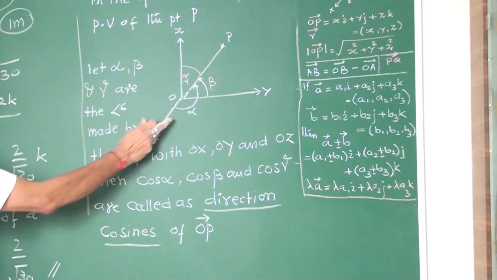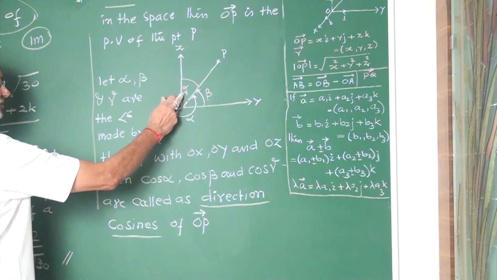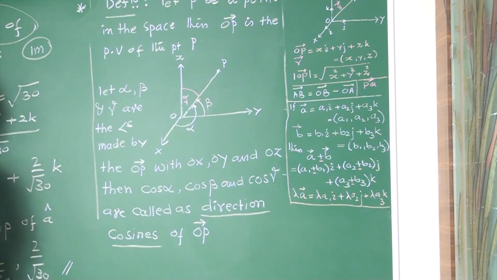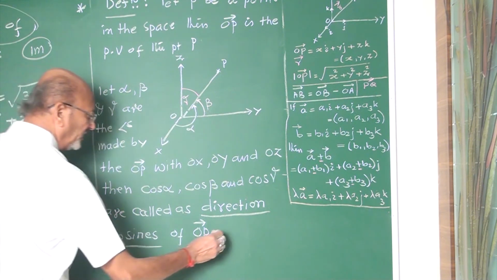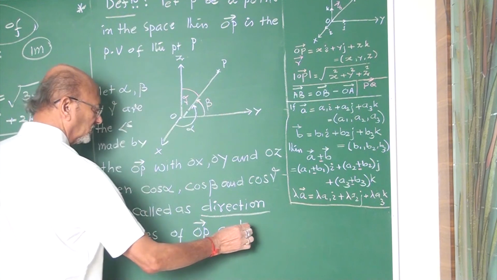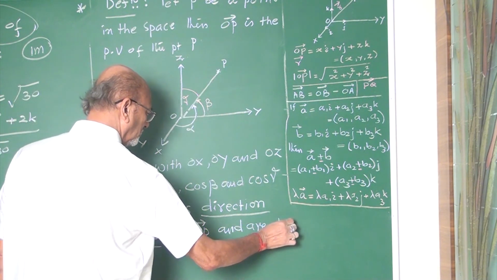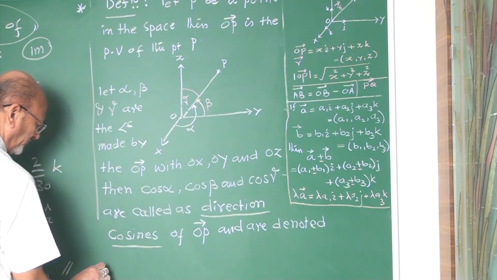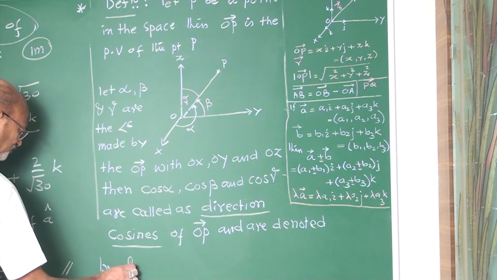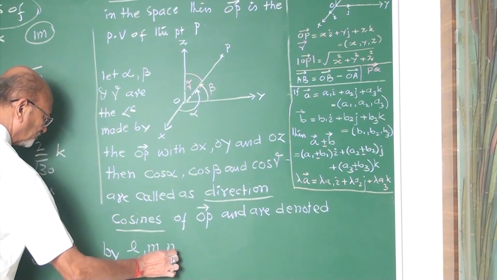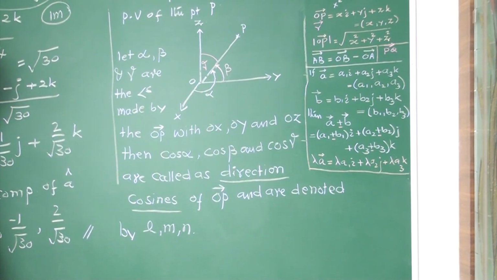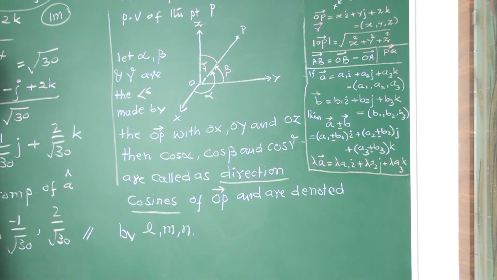Then cos alpha, cos beta, cos gamma are called the direction cosines of the vector OP, and are denoted by l, m, n. These are the standard notations. l, m, n always denote the direction cosines of the vector.